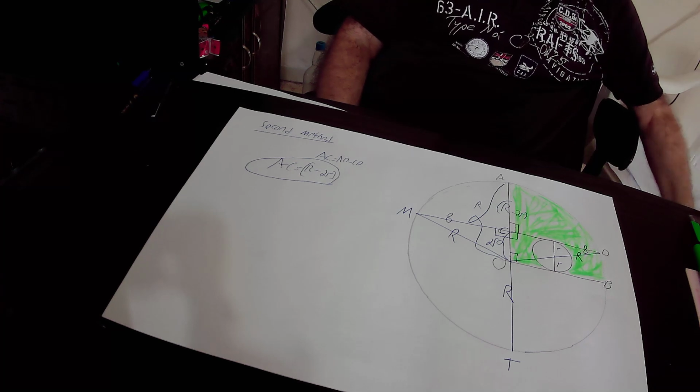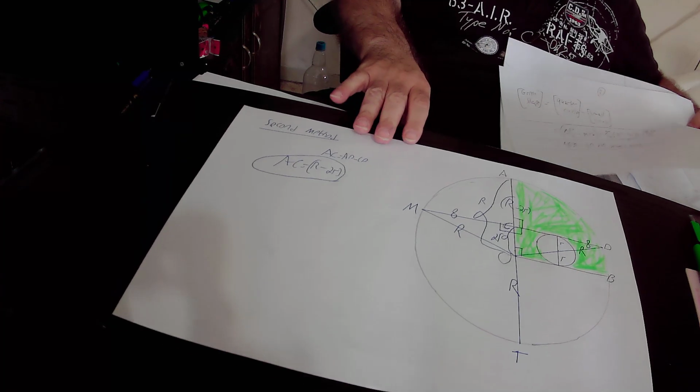Then I presented to you how to find the area of this green shape according to the third method.